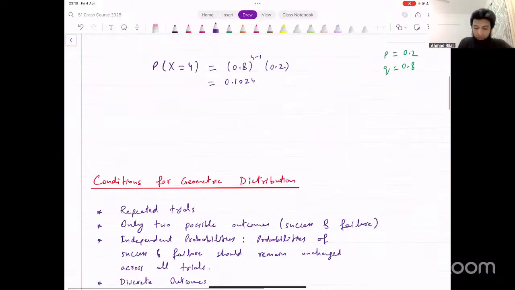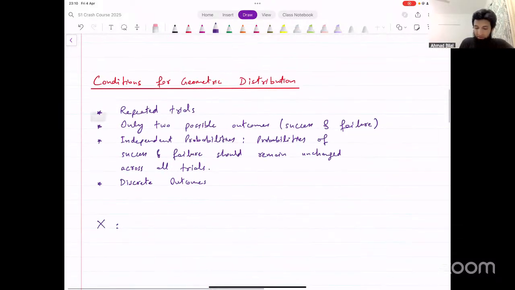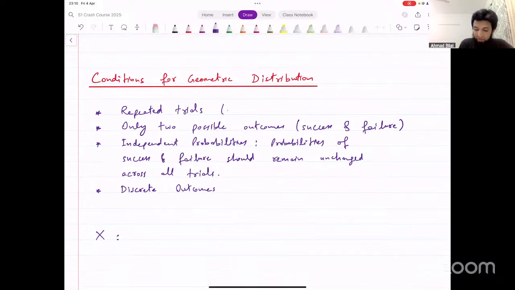The total number is not going to be fixed here. N is not fixed. It's not finite. It just continues forever. So we can say this represents the number of trials, right? This is not fixed. In binomial, it used to be fixed. That's one major difference between binomial and geometric.